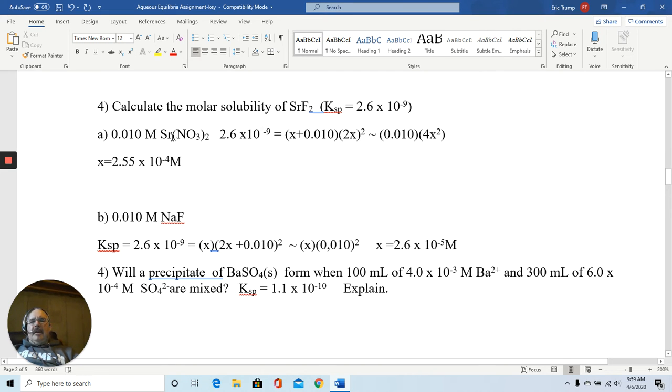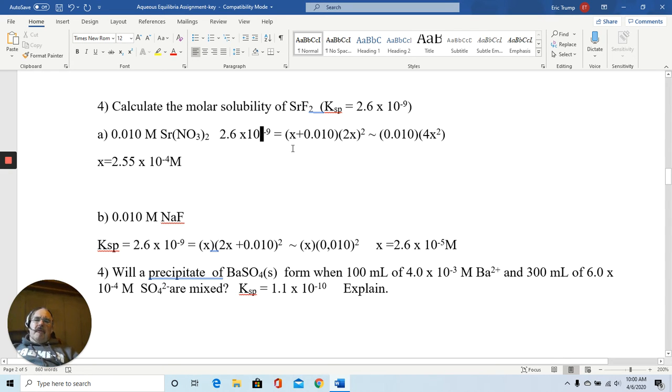If we didn't have the extra strontium, this would just be X times 2X quantity squared. X is just from the strontium fluoride dissolving, and the 0.01 is from the extra strontium from the strontium nitrate.